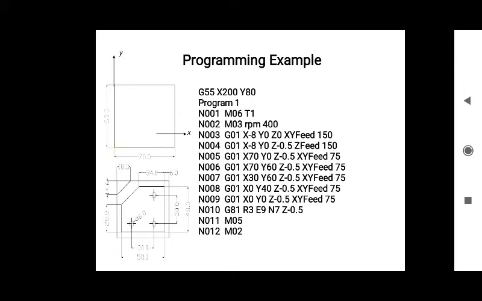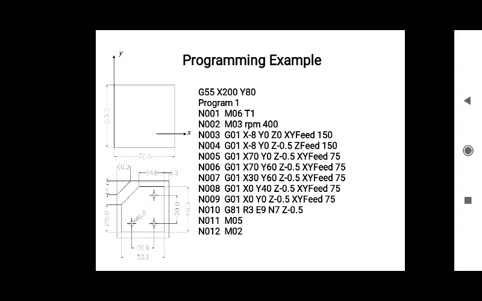Now let us see the N003 block that we have seen: it goes to the safe position with a speed of 150 mm per minute.